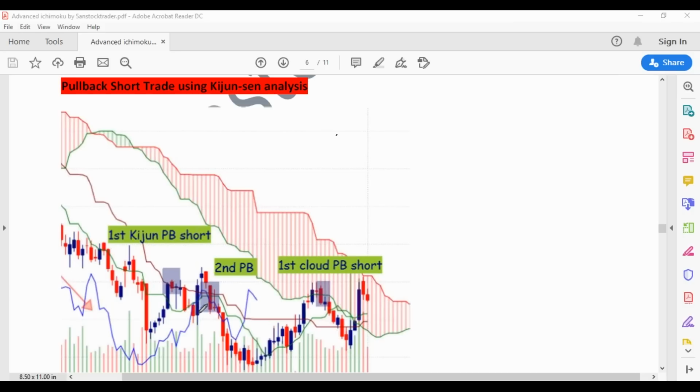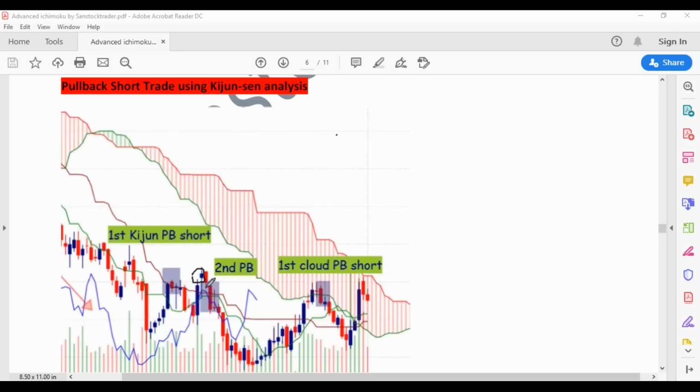Can you guys see, this candle pierced the Kijun-sen, but this candle was a bullish candle. So this was not our trigger. Even this second candle closed above Kijun-sen, but again this candle is a bullish candle. What we need is a candle that touches and closes below the Kijun.